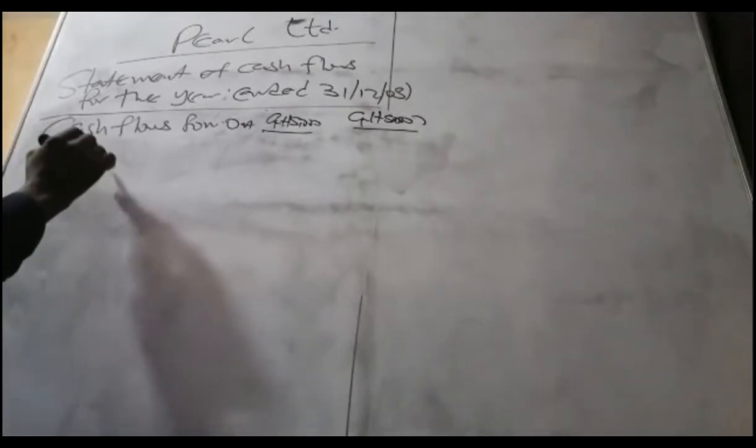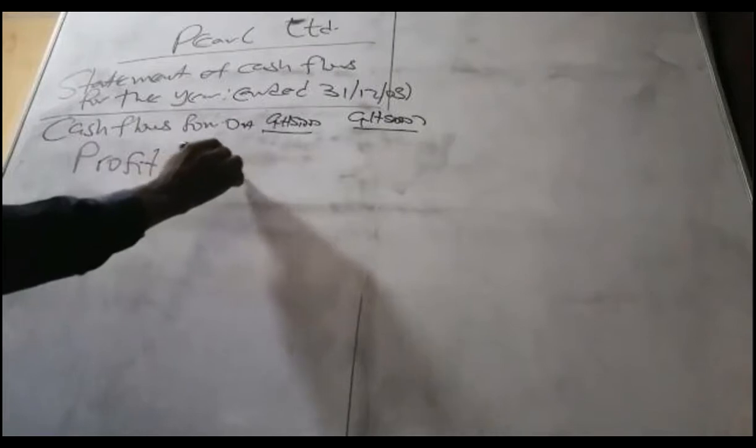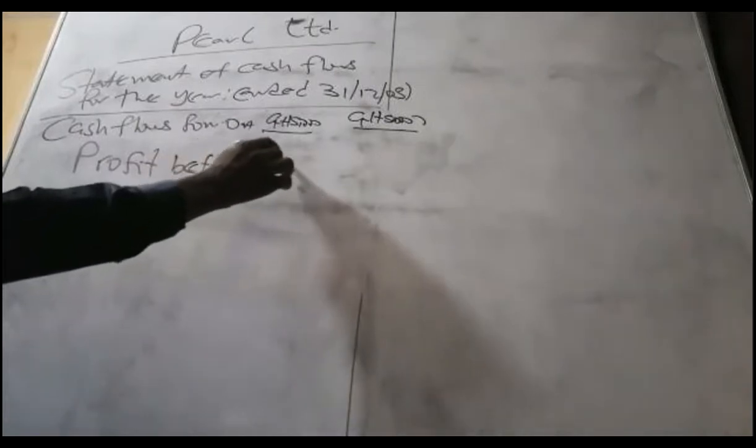So write your profit before tax here and go look for it. What's the profit before tax in this question? That's the first thing that we have to look for. And it said to us 2350, right?